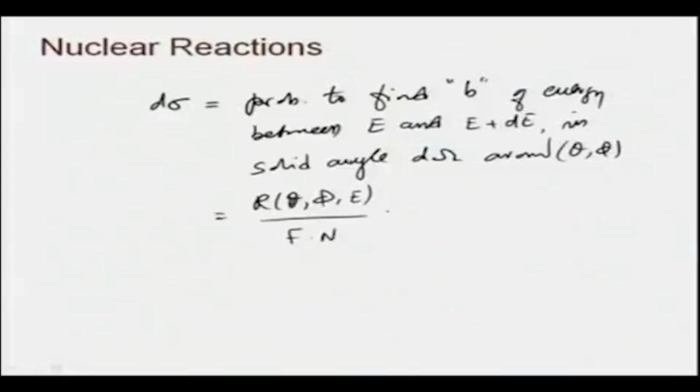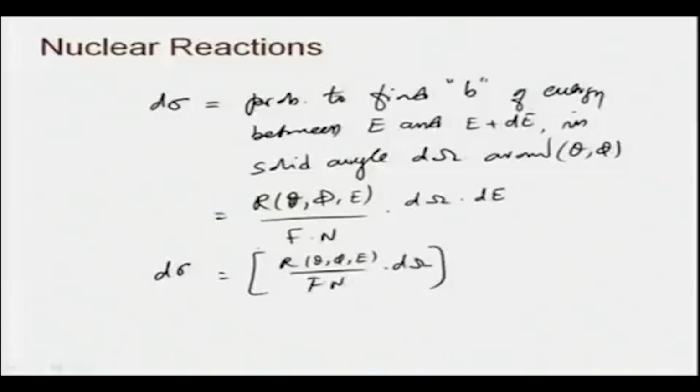That remains the same, the flux of the beam and the number density of the target, multiplied by d omega and dE. Now, consider r theta phi E over f n d omega, and integrate that over d omega, considering B particles coming with energy around E in an interval dE.